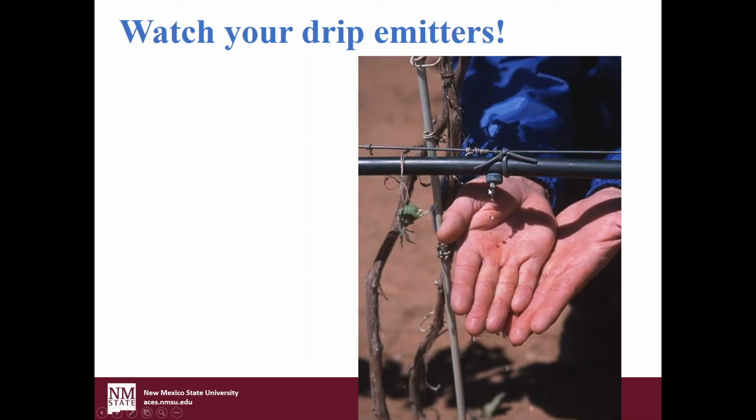Otherwise, the calcium carbonate seals that emitter off and it doesn't deliver what it's supposed to. There are treatments for that, of course, and that would be a good topic for another day.